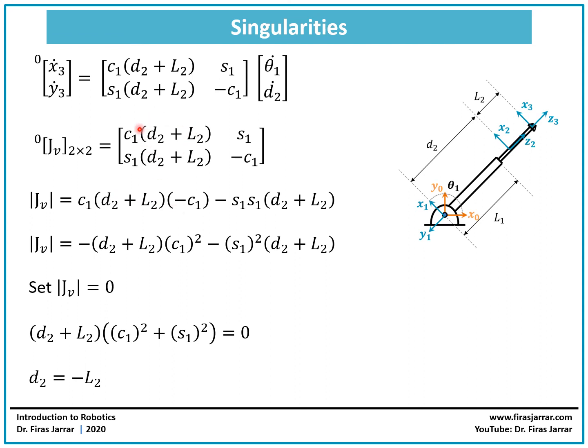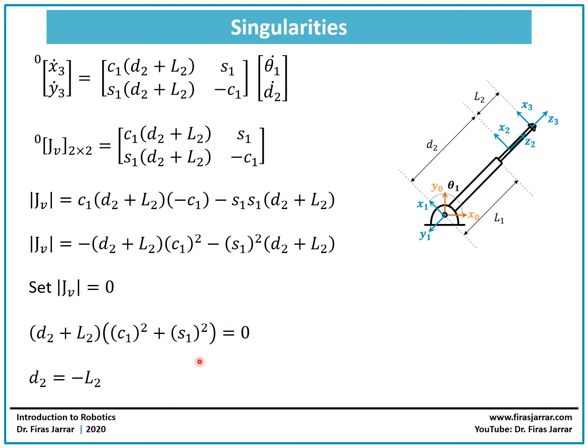If we take this element times this one here, minus this element times this one, you will see that we'll have a cosine squared and a sine squared, and both of them are multiplied by d2 plus L2. So we can write this equation as d2 plus L2 times the summation of cosine squared plus sine squared, and we set this equal to 0.